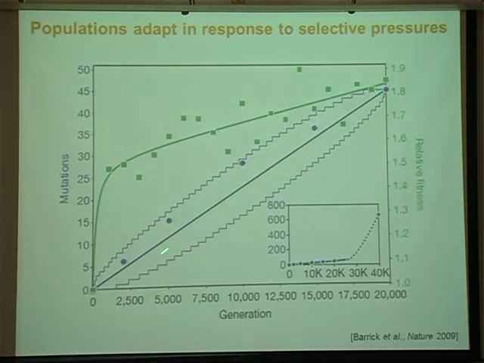But in these first 20,000 generations, the mutations accumulate more or less linearly through time, right? And that occurs despite the fact that the rate of fitness evolution is slowing down, which is kind of odd, right? I mean, mutations accumulating steadily through time might be thought of as a signature of neutral evolution, a sort of molecular clock.